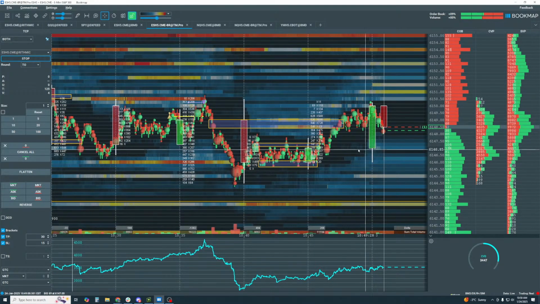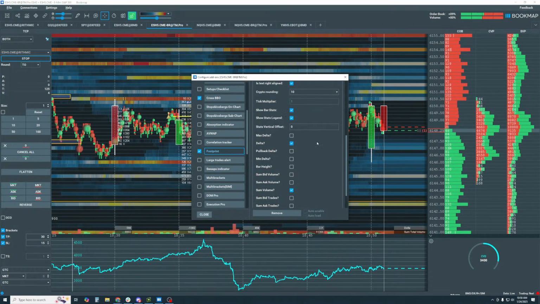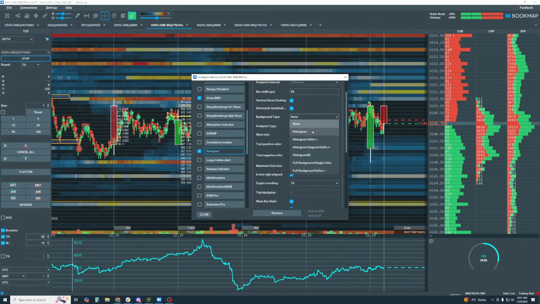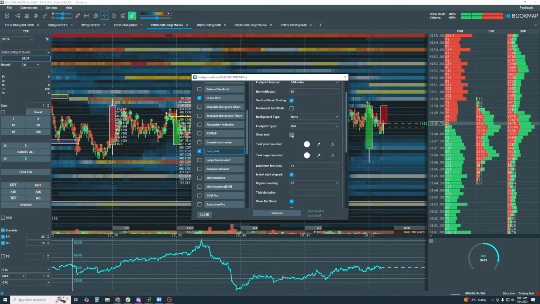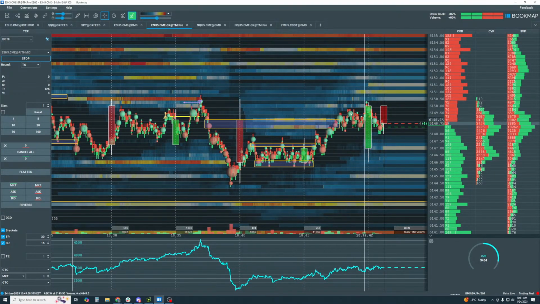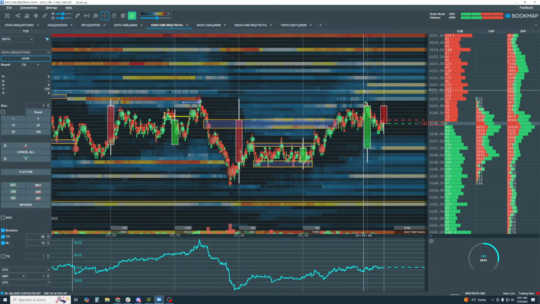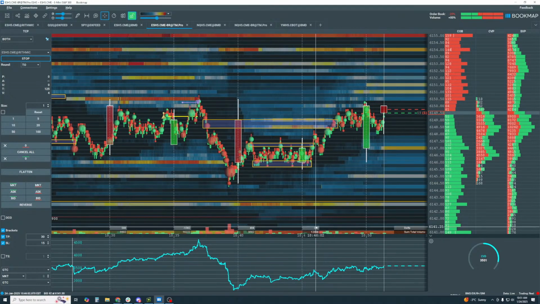And we do have the one minute here. Settings again. Okay, select none up here for type. Show text. Okay, so we're not using the footprint volume on the bar. We're using it here in the delta.